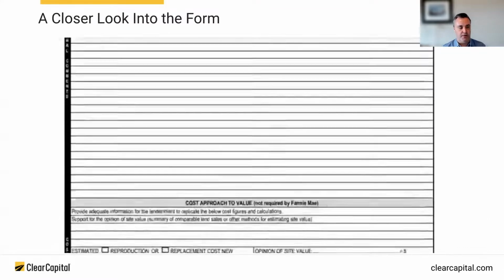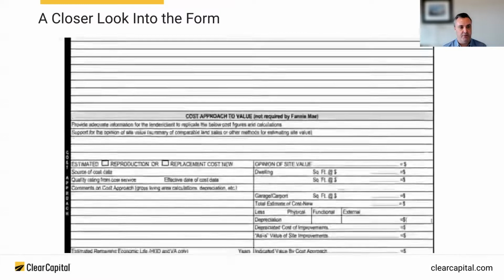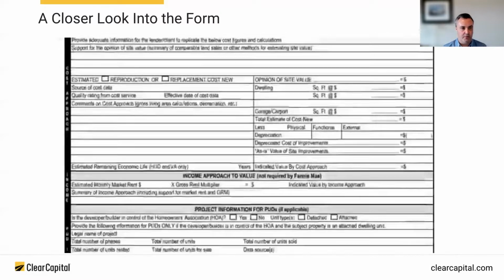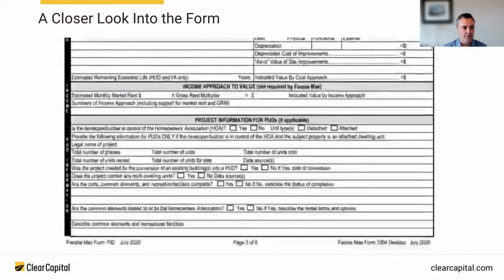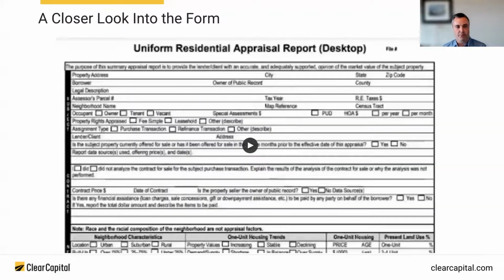And then we get up to the top of page 3 of the report. We might have glanced over it, but top of page 3 has some specific form fields that Todd's going to get into in more detail and share some of the nuances of this form.